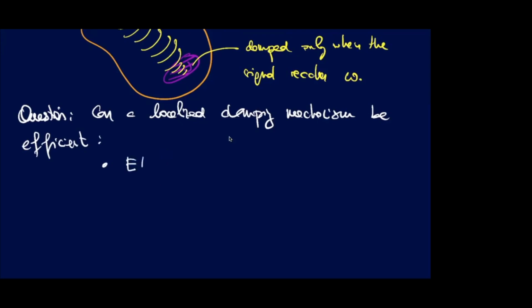The first one is whether the energy of the solutions goes to 0 as t goes to infinity. In case the energy of the solutions will not go to 0, this will mean that we have missed some of the vibrations of the system, some of the Fourier components, and part of the energy of the system was not dissipated. So we could say, well, this is not such an efficient mechanism.